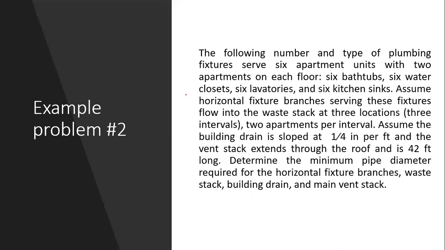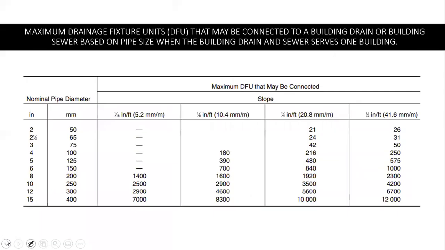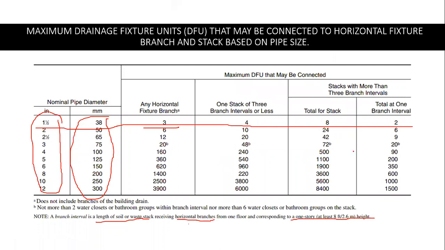Sample number 2. The following number and type of plumbing fixture serve 6 apartment units with 2 apartments on each floor: 6 bathtubs, 6 water closets, 6 laboratories, and 6 kitchen sinks. Assume horizontal fixture branches serving these fixtures flow into the waste stack at 3 locations, 3 intervals.